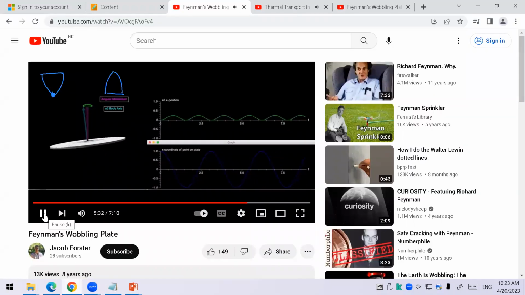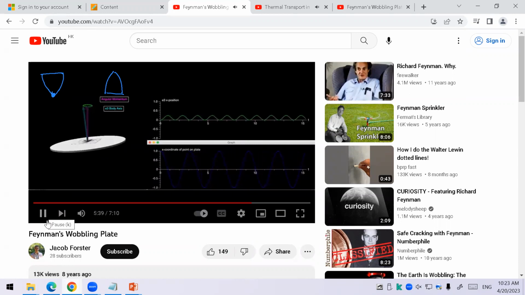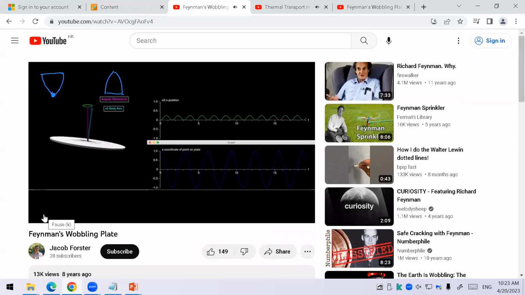You can keep observing: every time the wobble completes one cycle, the rotation only completes half a cycle. Okay.